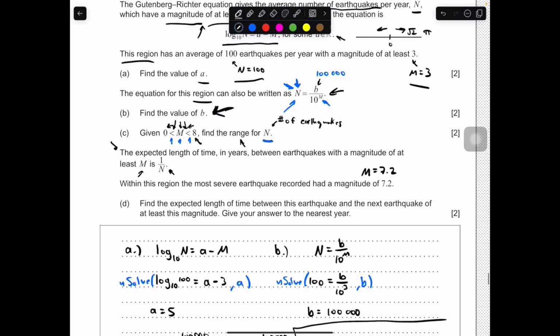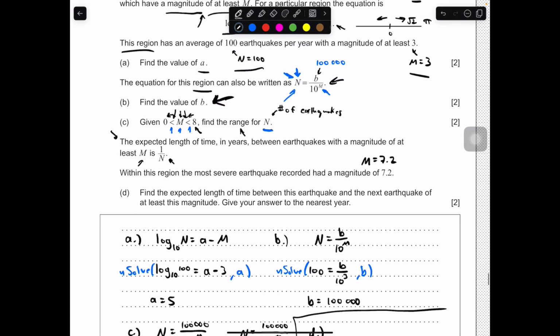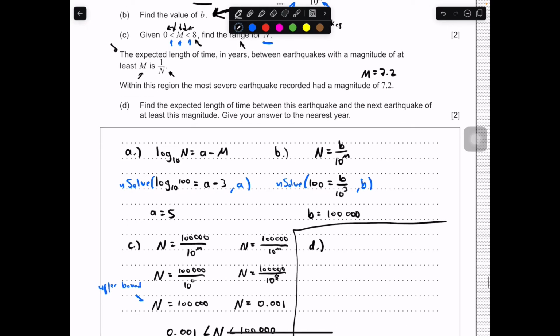So we have this equation, and we're coming back to it. This is a pretty central equation. Same thing, except our b value, which we found, is here. The number of earthquakes is equal to 100,000 divided by 10 to the power of m. This will tell us the number of earthquakes that we could possibly expect of a given magnitude. Writing it out once again, 100,000 over 10 to the m.